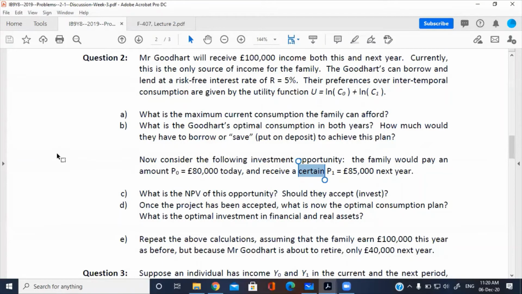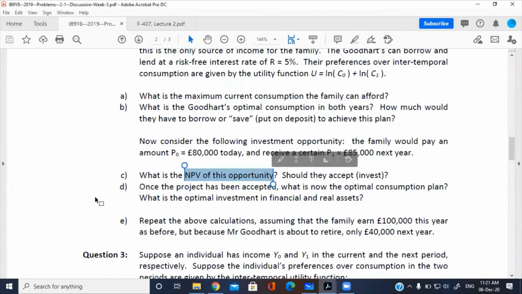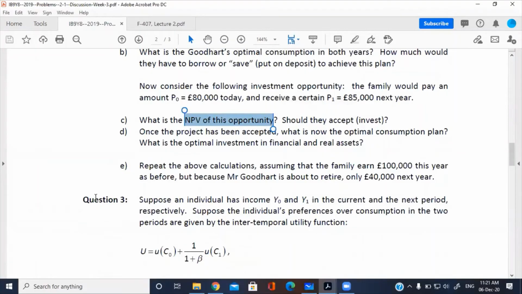But before that, we assume that there is no uncertainty. So receiving a certain amount is why it is worthwhile to consider the risk-free rate. Otherwise we need to go to the risky discount rate. Certain amount, how much? 85,000 taka next year. So you can immediately recognize how we come up with the NPV of this opportunity. That is a very simple calculation, so I don't want to underestimate you by showing it. Question D: once the project has been accepted, what is the optimal consumption plan?